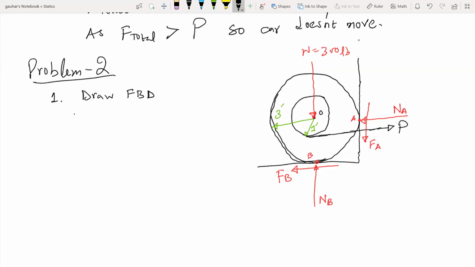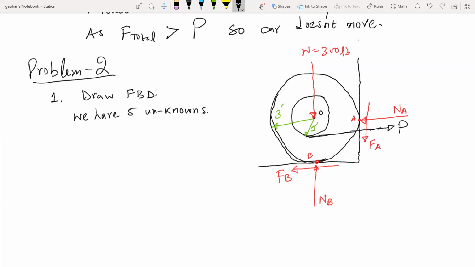So let's say we have 5 unknowns. What does that mean? That means that we need 5 equations, right? So let's say we have 3 equations of equilibrium and 2 friction equations, right?